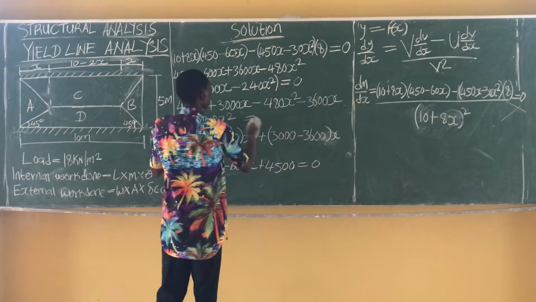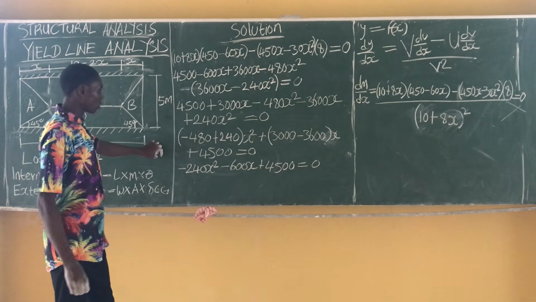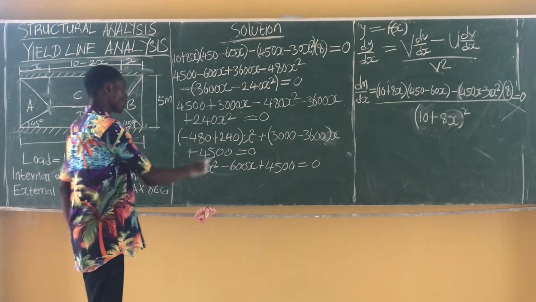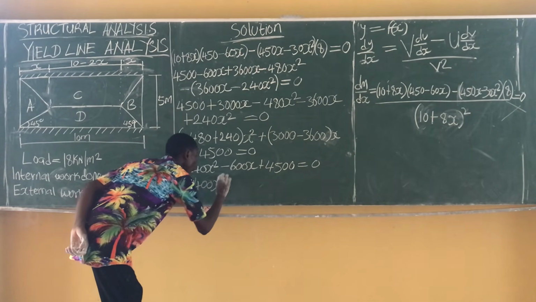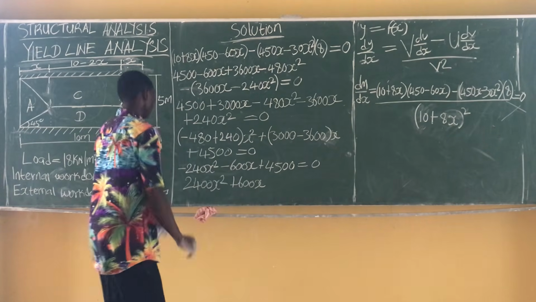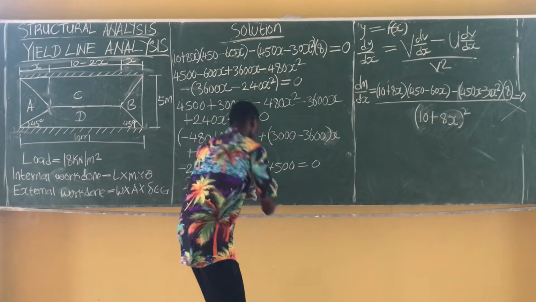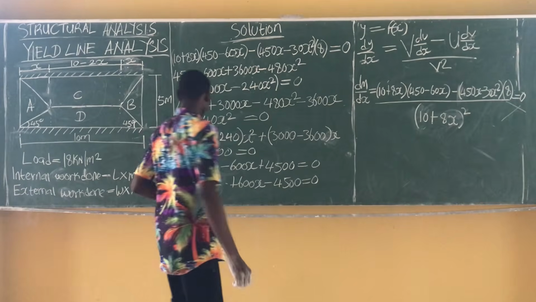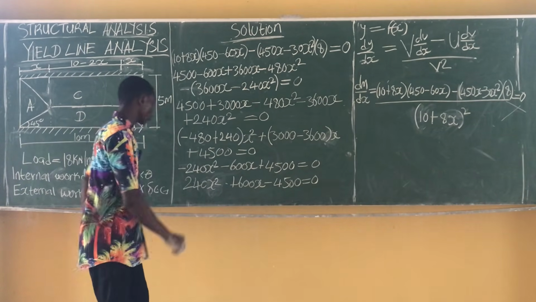Note this expression is equal to 0. At this point, we can simply multiply through by minus 1. If you multiply through by minus 1, we have 240x squared plus 600x minus 4500 is equal to 0. To reduce the coefficient of x squared, we simply divide it by what? 240.